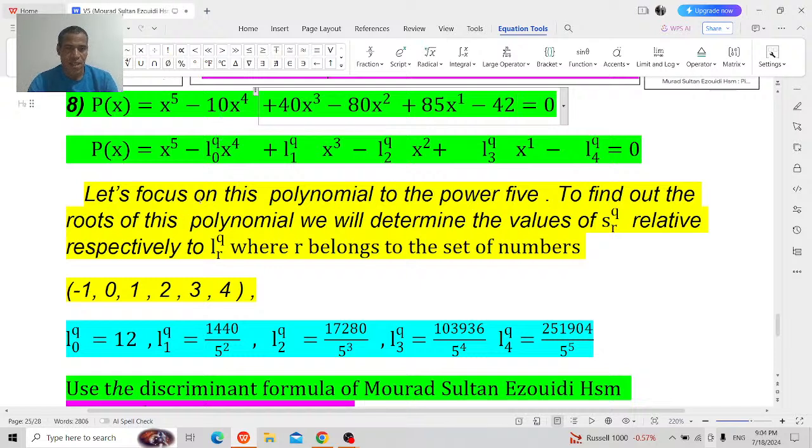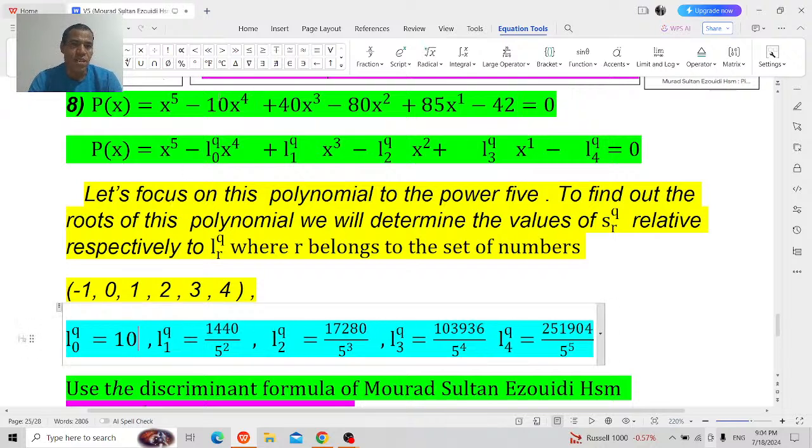So you can see this is a polynomial to the power 5. We are going to determine the values of S_r of k relative respectively to L_r of odq, where r belongs to minus 1, 0, 1, 2, 3, and 4. This is the coefficient of our original polynomial.